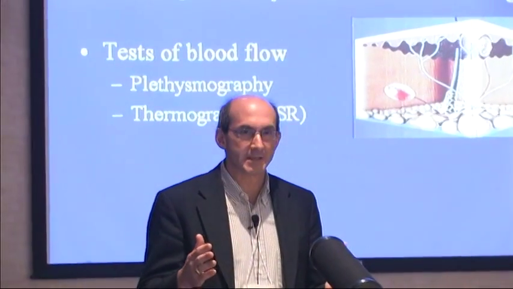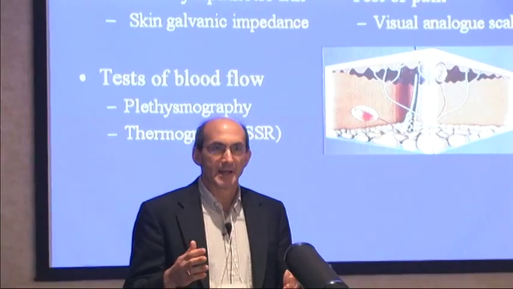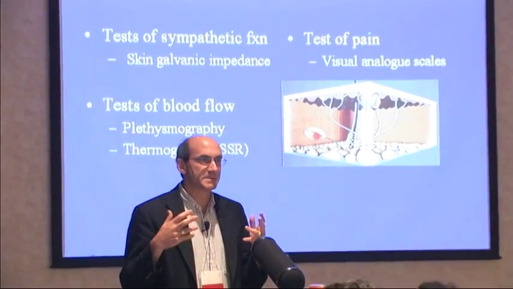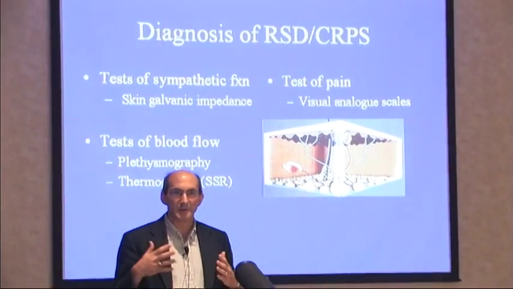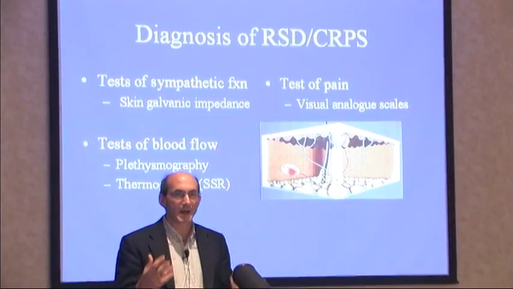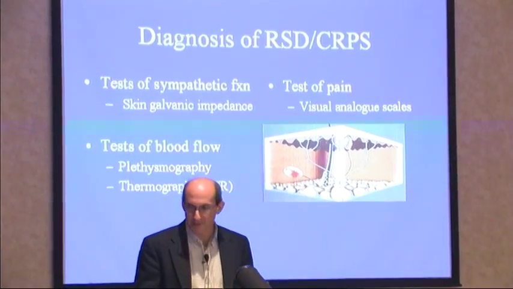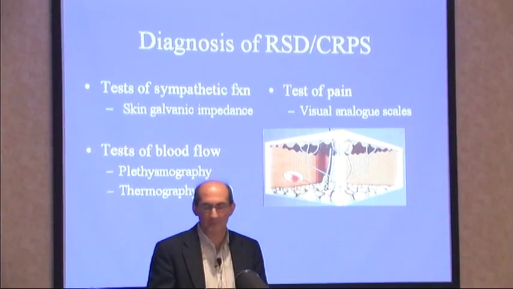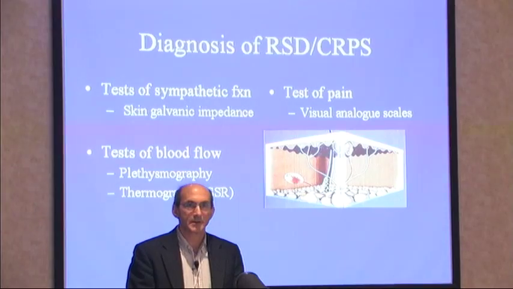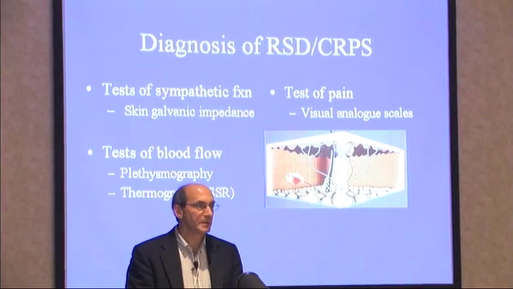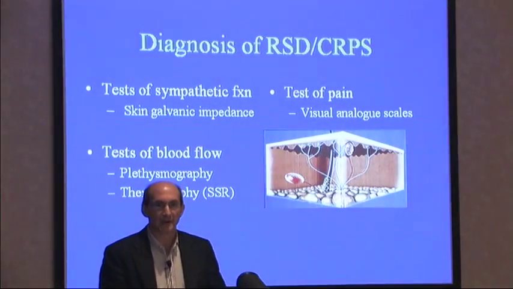Now we're going to go over how do we use thermal imaging or other diagnostic tests to prove RSD, and how do you read it? How do you start making some sense of this so that we can use this in our practice? What are the ways of describing this in a way that makes sense to us so that when you get a report, you understand what it means? So if you read Cousins, they're going to tell you that there's actually only 3 objective ways of proving RSD.